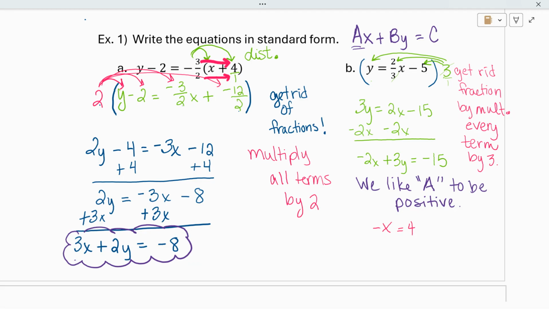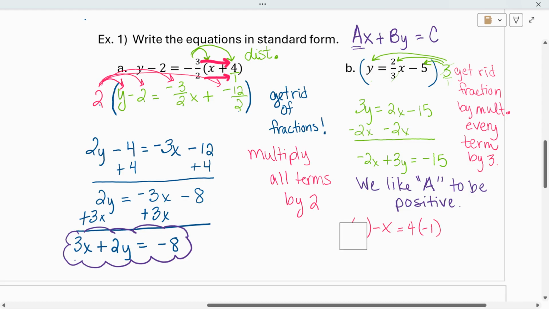If I wanted to solve for x, and that's a negative x, how would I get rid of that? Multiply both sides by -1, right? So that's exactly what I'm going to do. I need to multiply this whole equation by -1.